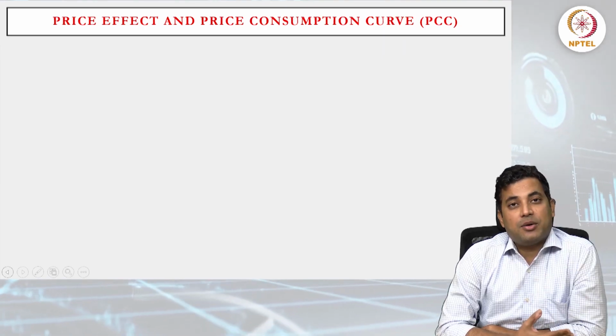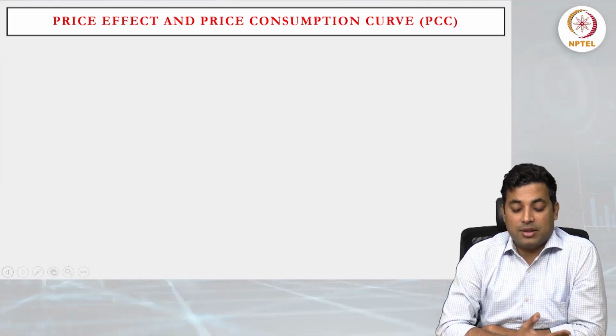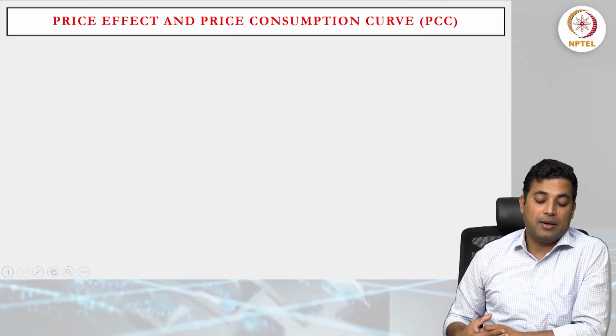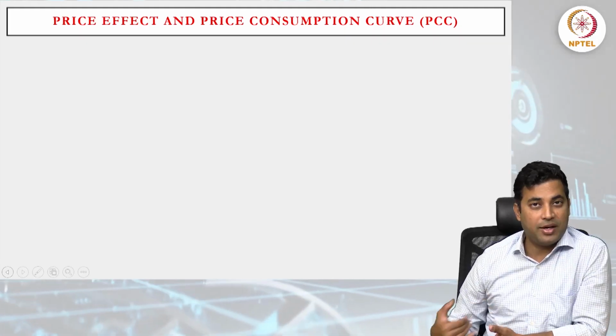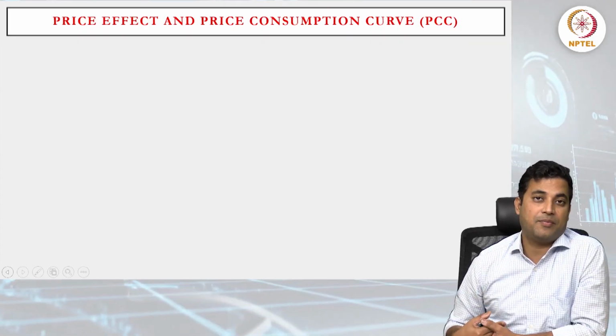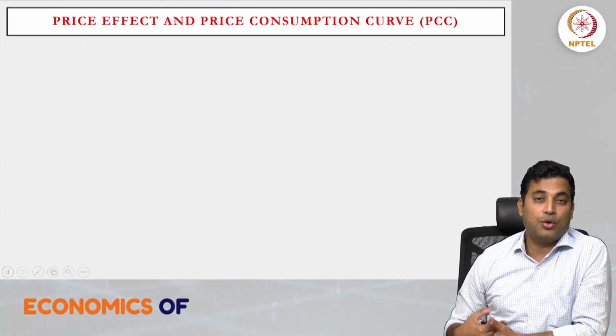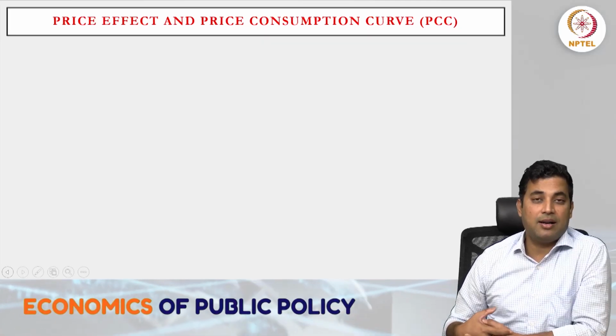We already discussed the income effect and income consumption curve. As we know, as one individual's income increases or decreases, it has an impact on the overall demand for the commodity.